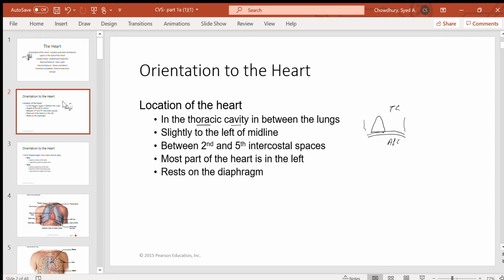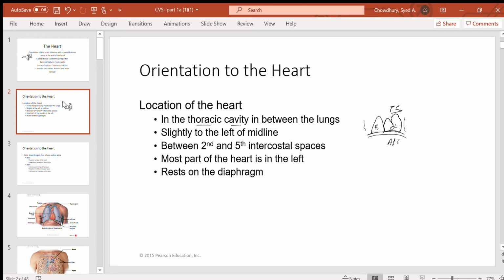Okay, so the heart is located in the thoracic cavity between 2 lungs. So if you see 2 lungs like this, this is the right lung, this is the left lung, and your heart is in between these 2 lungs.